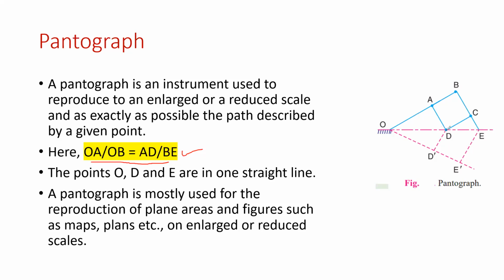Suppose you are controlling the motion of point D to a straight line, then point E will also travel in a straight path, because of the condition of similar triangles. If you control the motion of point D in a circular path like this, point E will also trace a circular path.